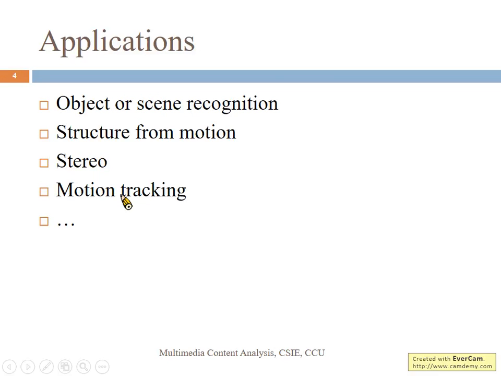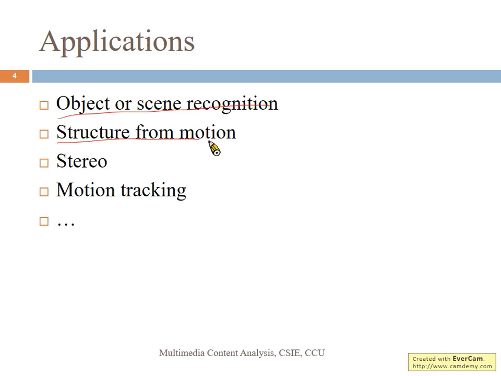Given such local feature points, we can develop many applications like object or scene recognition, because depending on the distribution of the local feature points in an image, we may be able to detect a specific object or recognize the scene.